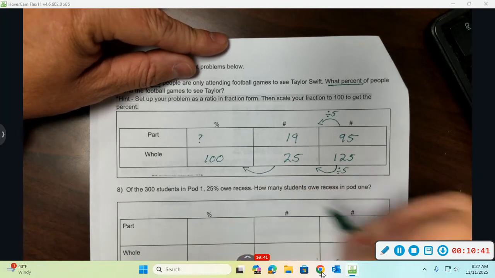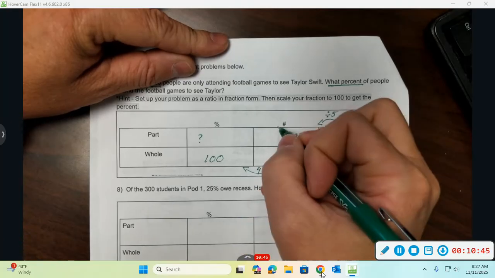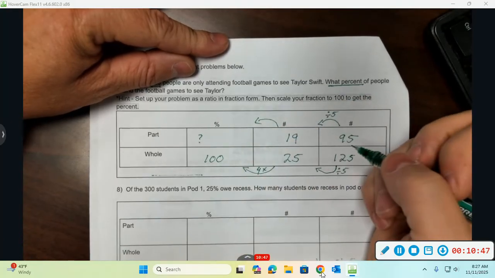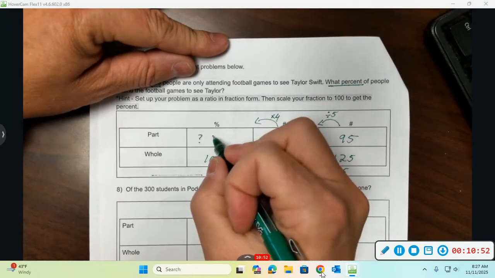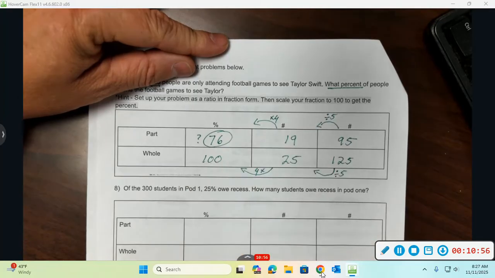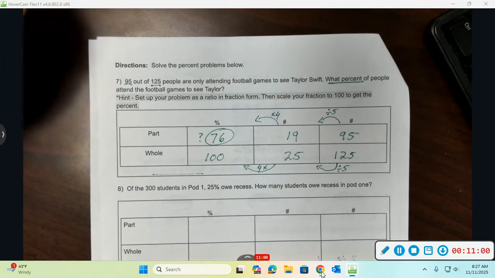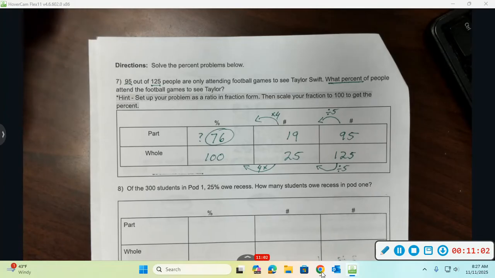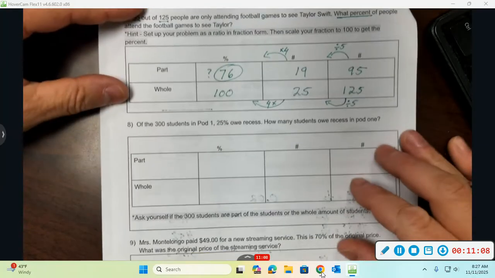Yeah, how do I get 25 to go to 100? Times it by 4. So then what am I going to do to 19? Times it by 4. And we end up with what? 76. So our percent is 76%. So 76% of people wanted to attend the football games to see Taylor. Not to see the Chiefs, but to see Taylor Swift. All right.